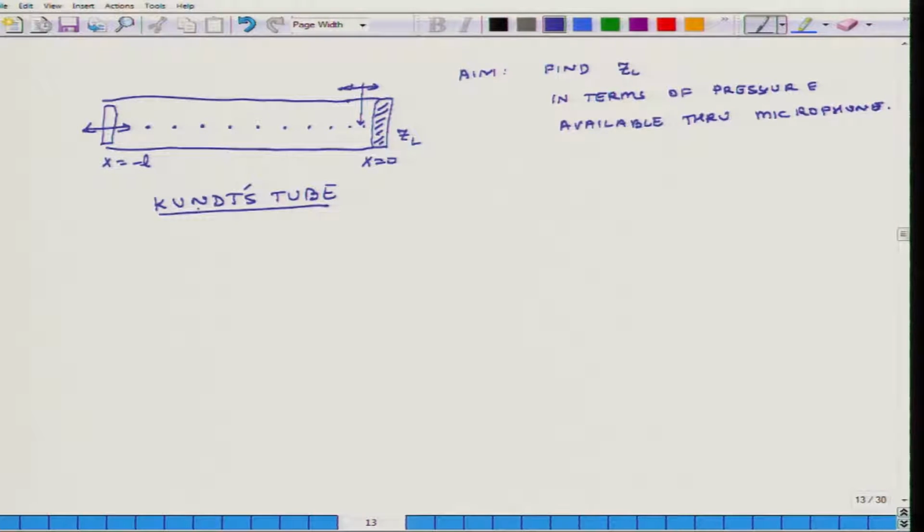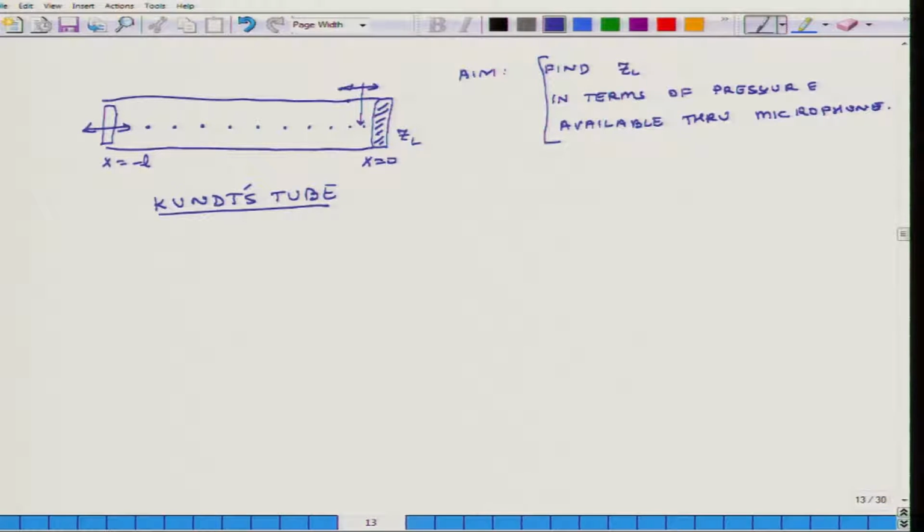The way we find ZL is we take a microphone, put it in the pipe and slide that microphone along the length of the pipe slowly, gather all the pressure data, and from that pressure data we somehow calculate the value of ZL. So, a Kundt tube is used to find the impedance of the material which closes the tube. That is the procedure we will develop today.